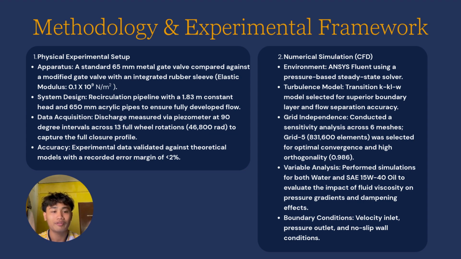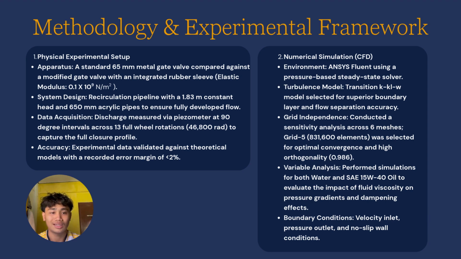By allowing 5 minutes for the system to reach a steady state after each adjustment, we achieve a high accuracy rate with an error margin of less than 2% compared to theoretical models. For the numerical phase, we utilize ANSYS Fluent with a pressure-based steady-state solver.